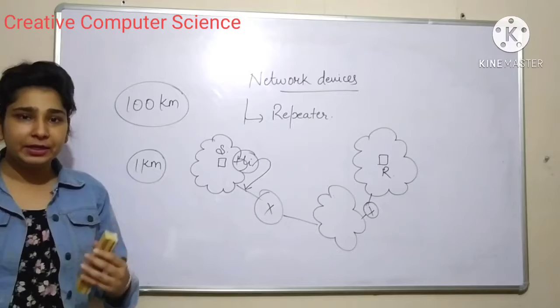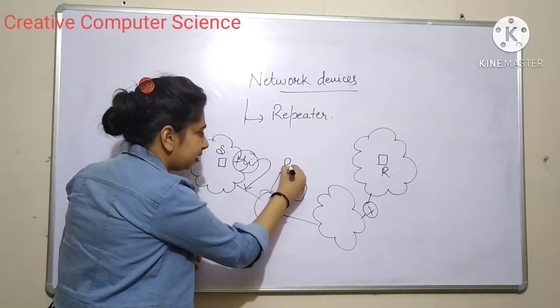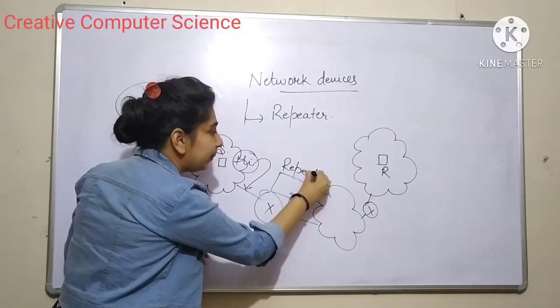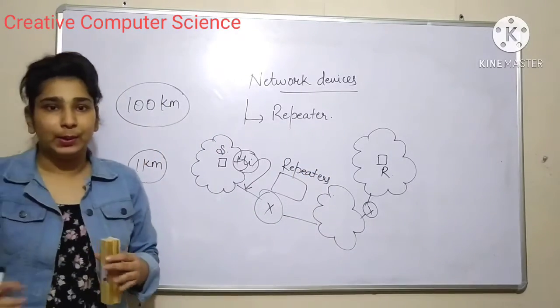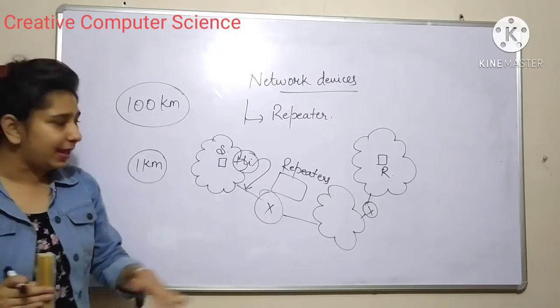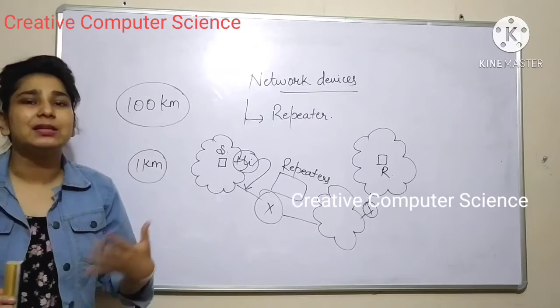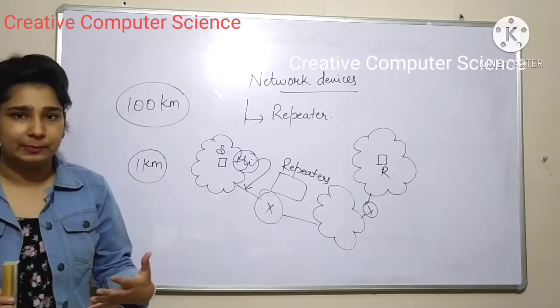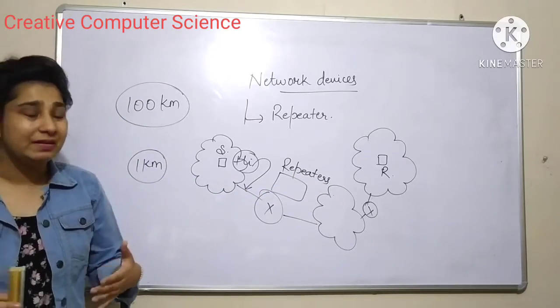What will I do? I will be using repeaters. After 1 kilometer of distance, I would use a repeater to increase the strength of my signal. This is the purpose of repeaters.